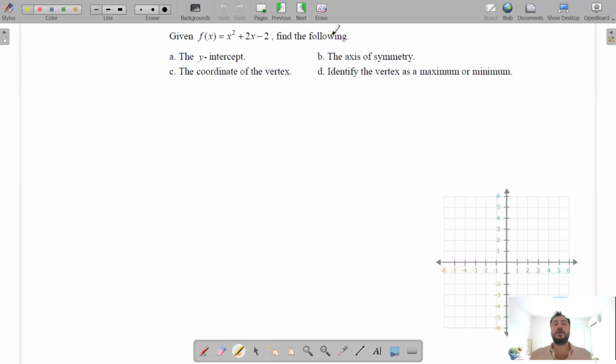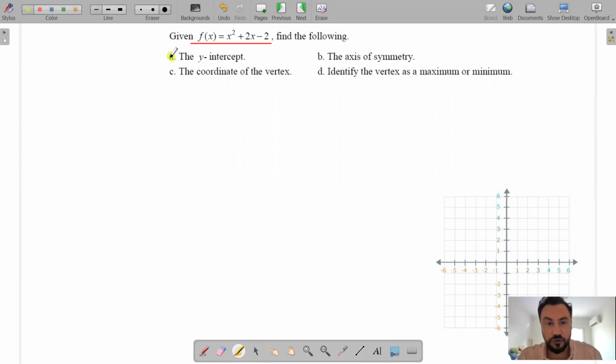So let's try it out. Let's try to make a drawing out of this function that we have here. Here we have the function f(x) equals x to the power 2 plus 2x minus 2. But first, before drawing it, let's answer these 4 questions. In question letter A, they are asking us to find the y-intercept.